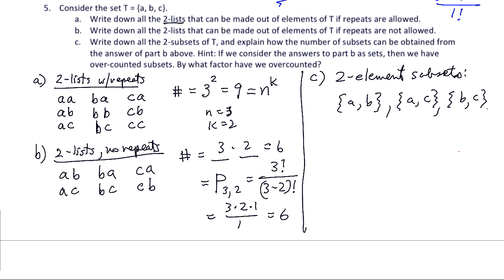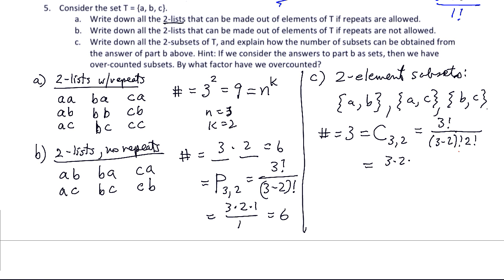And the number is 3. And this can be written as C(3,2), combinations, which is 3 factorial over 3 minus 2 factorial, 2 factorial, which is 3 times 2 times 1, all over 1 times 2 times 1, which is 3.